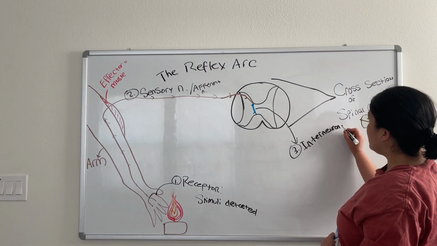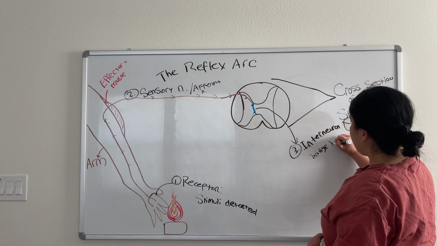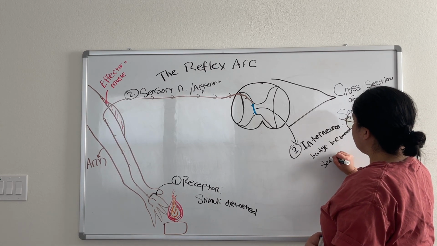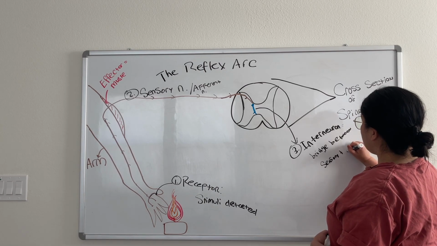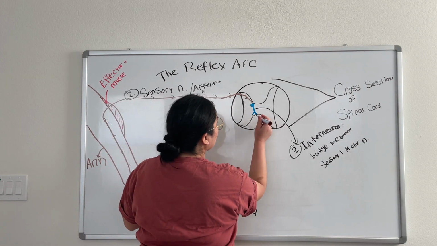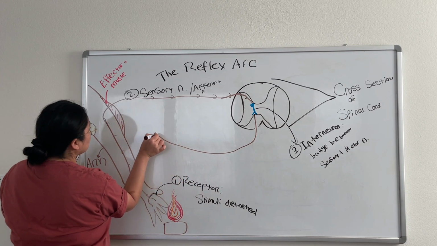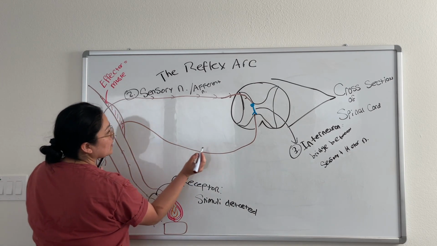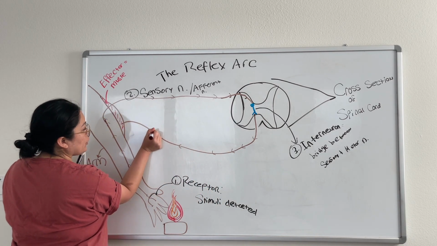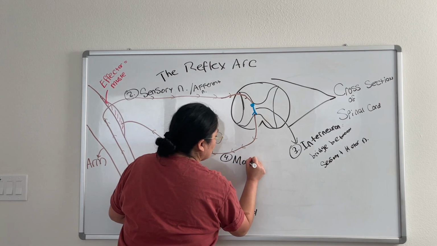So the interneuron is the bridge between sensory and motor neuron, okay? So you can guess that what comes out of here and comes back to the body, specifically the muscle, is your motor neurons. So number 4 is your motor neuron.